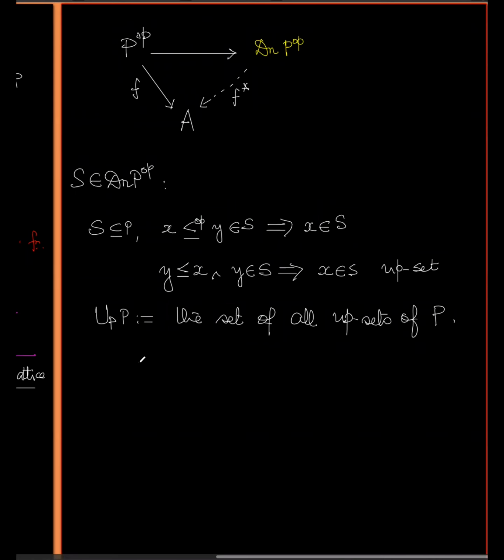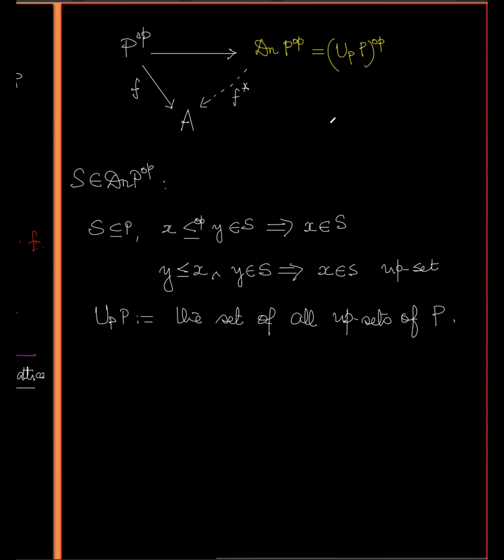So over here, upsets would be compared by inclusion relation. So this is nothing else but upsets of P with the opposite order. Okay. So with the opposite order, that's what comes over here.